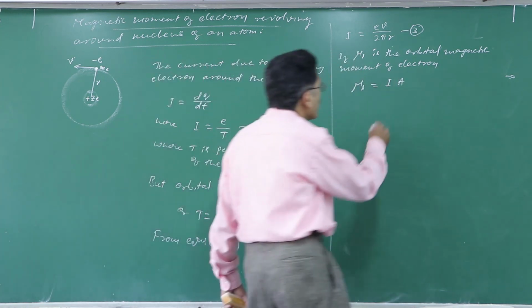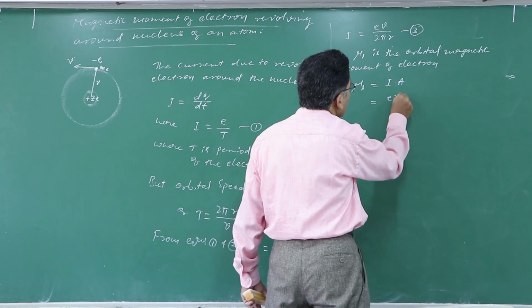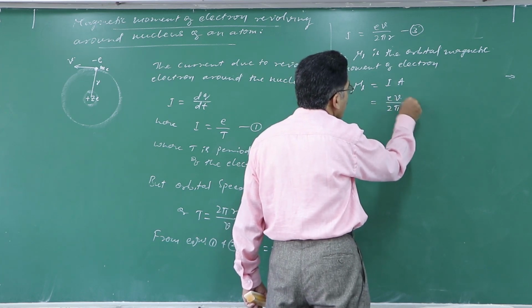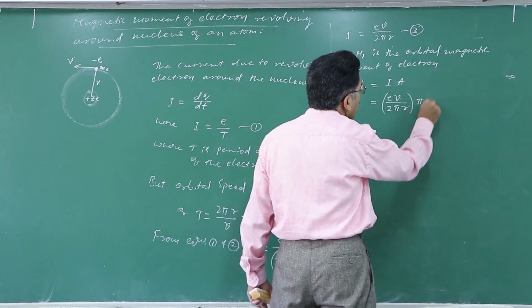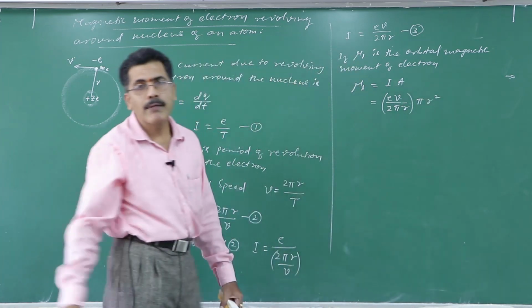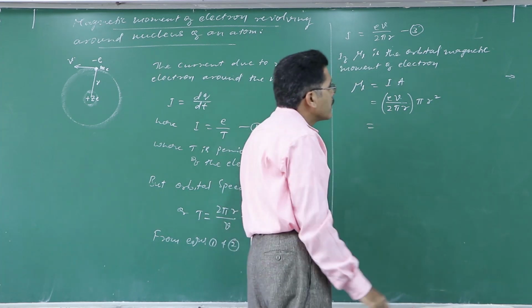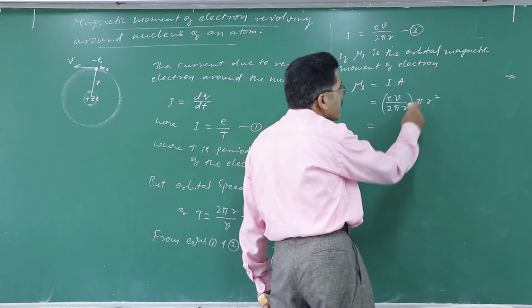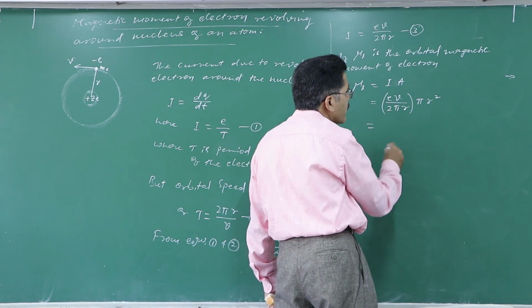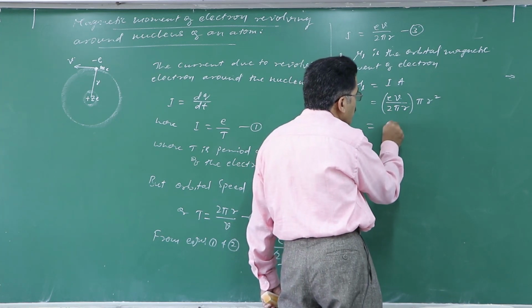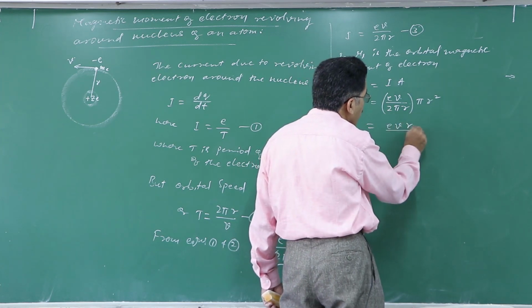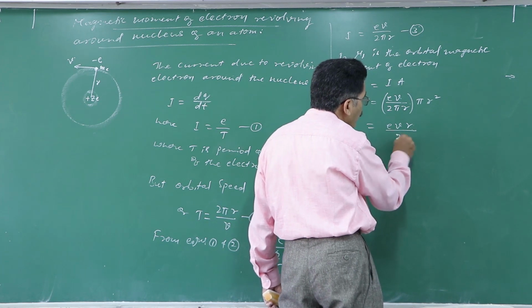I is what? I is ev divided by 2 pi r. What is the area? Area of the circular path is pi r square. What remains? See here, pi got cancelled, one r got cancelled. See, therefore, e into v into r divided by 2.